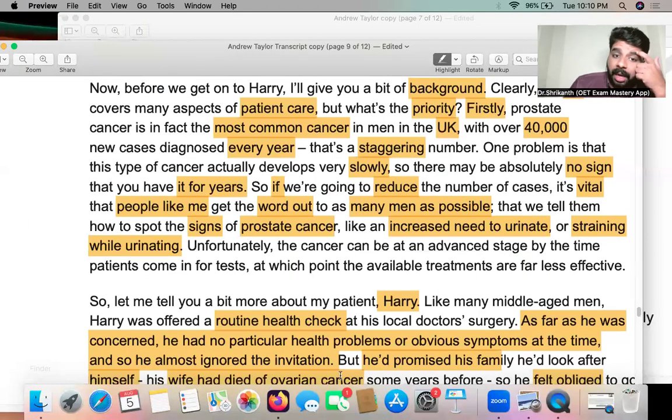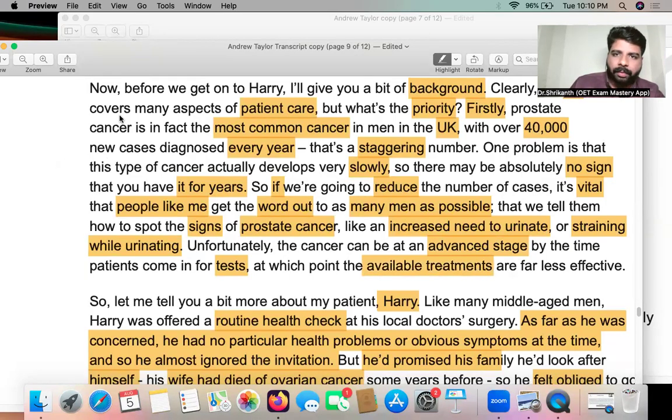Now here she is saying, unfortunately, the cancer can be at an advanced stage by the time patients come in for tests. Now she is once again reinforcing the statement that when people come for tests, the cancer may have reached an advanced stage, at which point the available treatments are far less effective. Now see over here, available treatments.